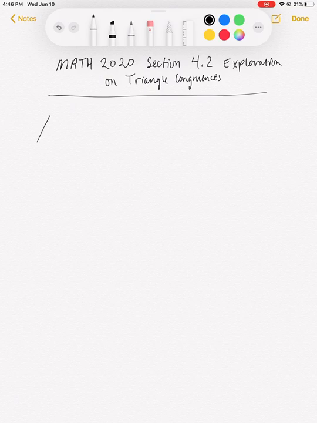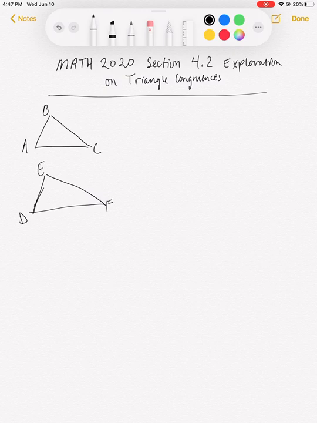In our 4.2 naming worksheet exploration, we're able to show that triangles are congruent by establishing equality between and correspondences between the angles and sides.